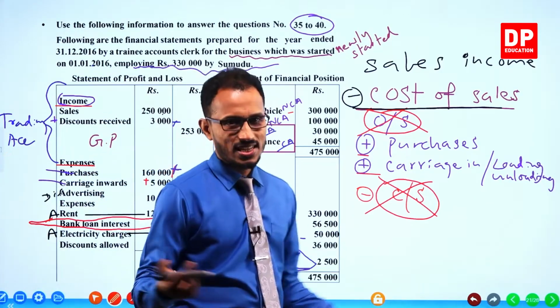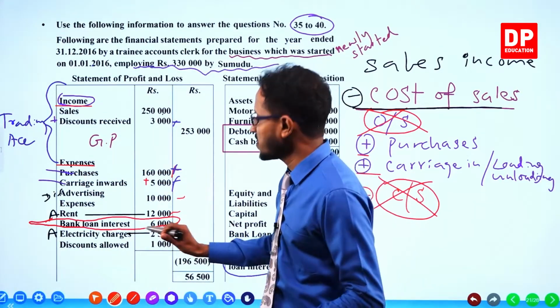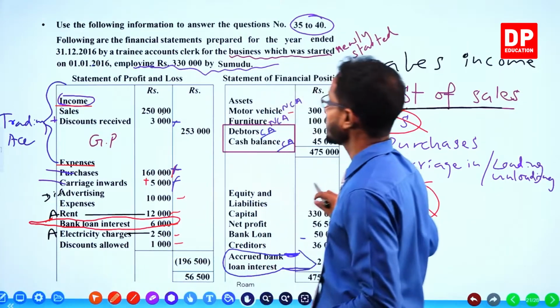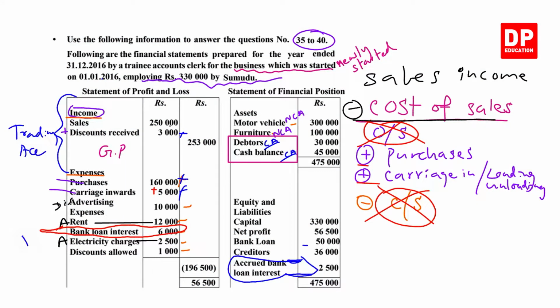So now it's clear, right? 6,000 is the relevant amount of bank loan interest for the year, the annual full amount relevant for the whole year, 2016.